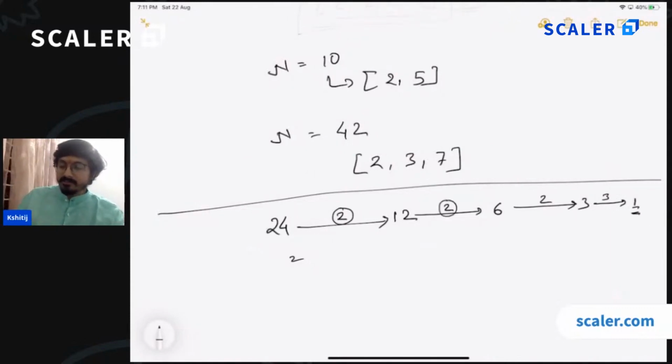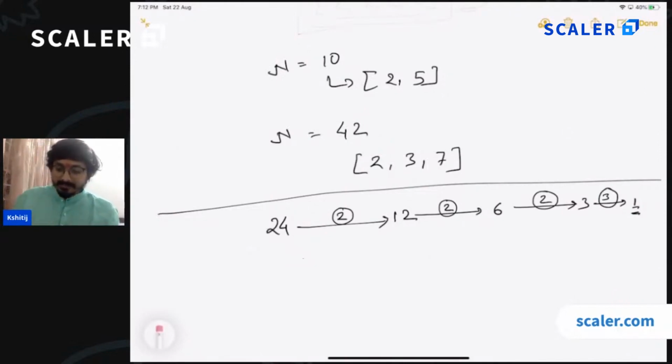All these numbers are definitely going to be prime numbers because we are always selecting the smallest number, right? If that smallest number is not a prime number, then there must be a smaller number that can divide this number. Does this make sense to everyone?